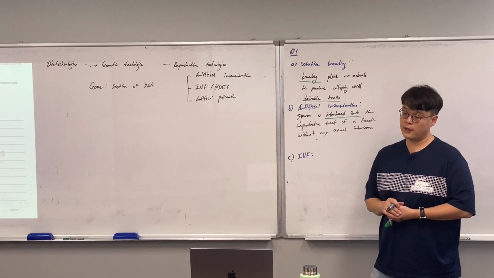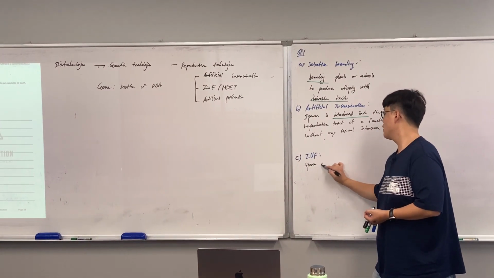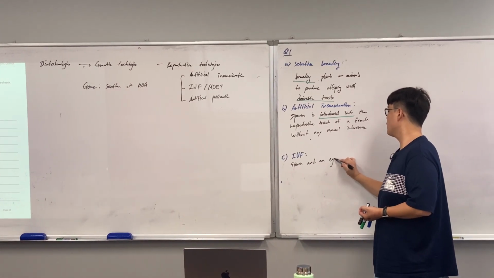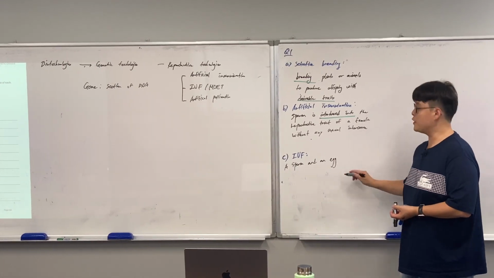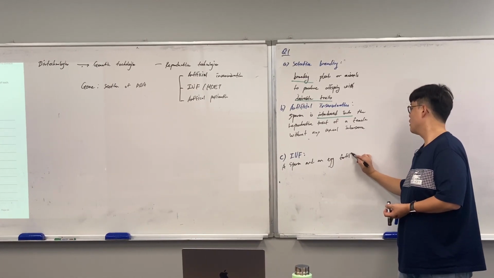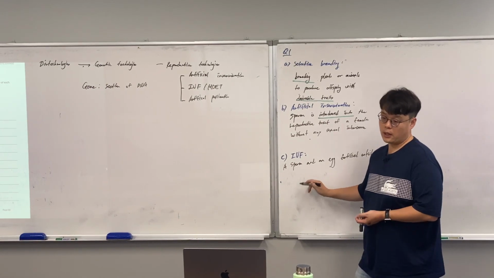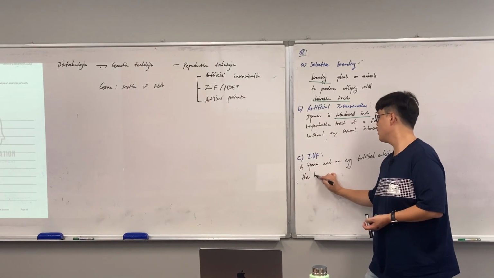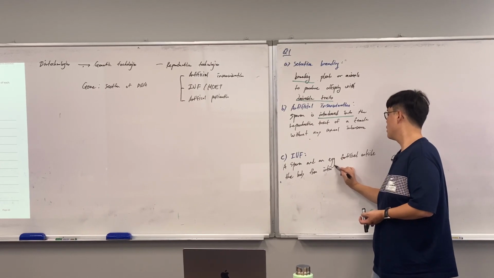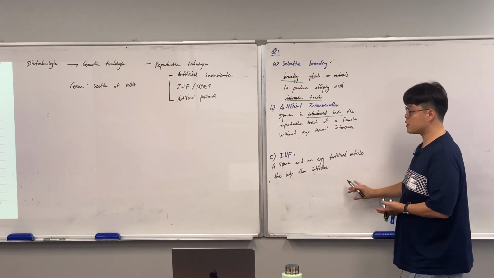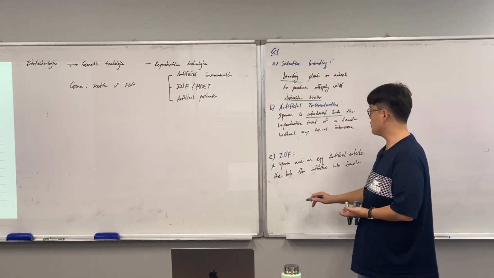So we get the fertilization, basically a sperm and an egg fertilized outside the body, and then introduced into the female reproductive tract.